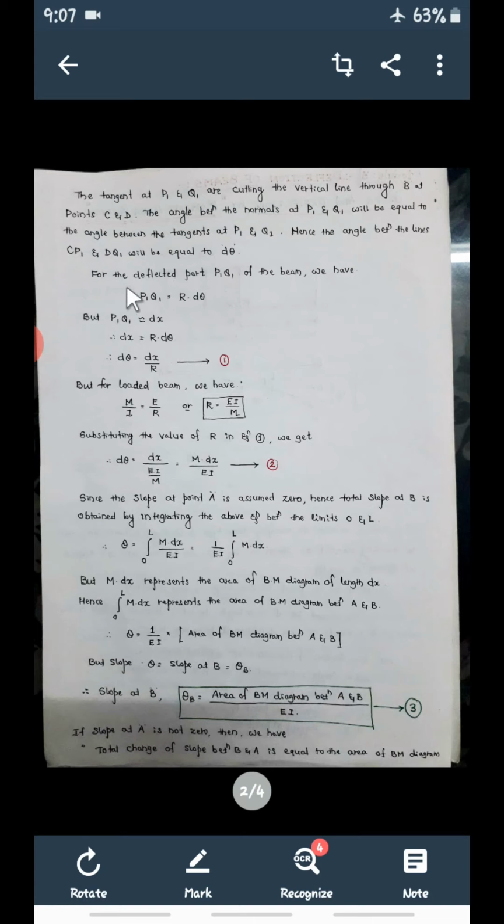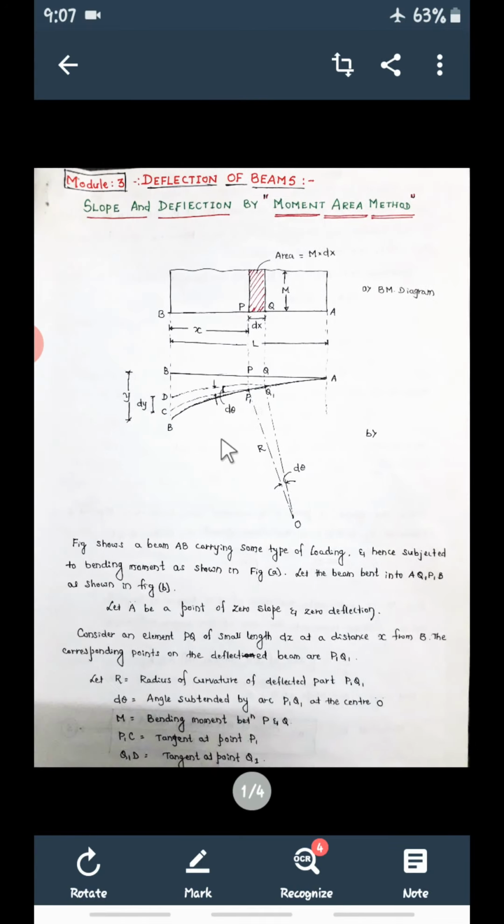Now for the deflected part P1Q1 of the beam, what is this arc length? If you consider this triangle P1OQ1, this is d theta and this will be radius R. So arc length is equal to R into d theta.